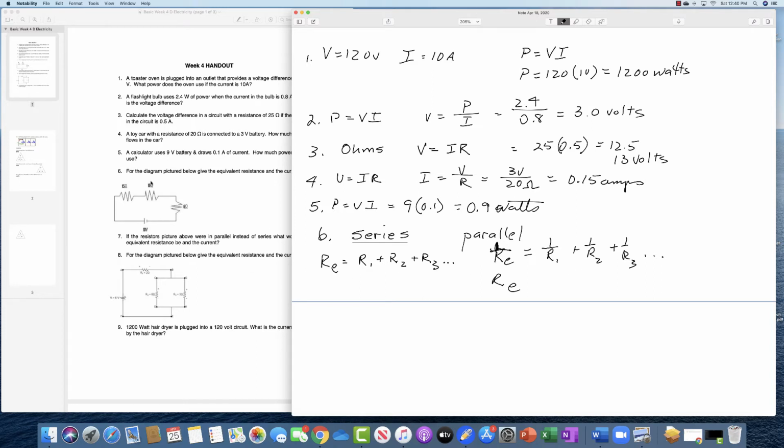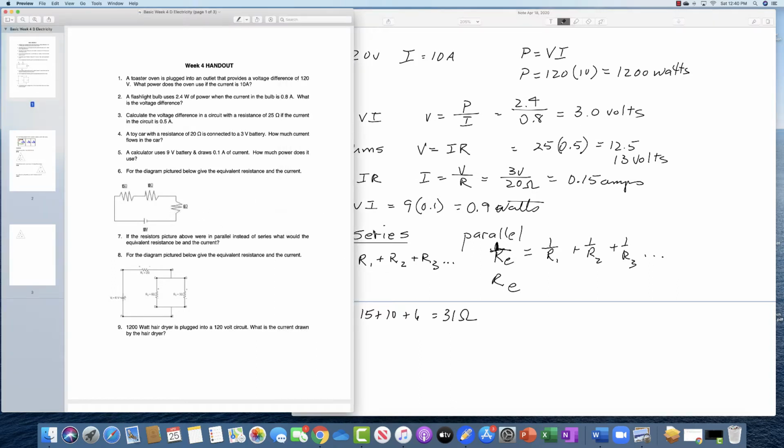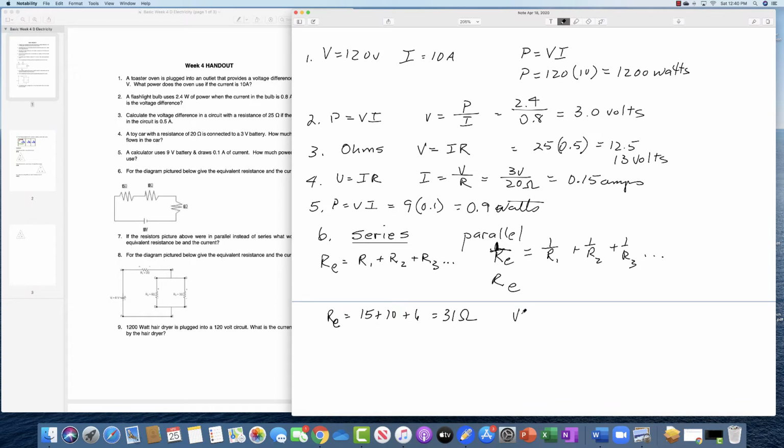So now let's go back to here. We have a 15 ohm resistor, a 10 ohm resistor, and a 6 ohm resistor. So the equivalent resistance is equal to 15 plus 10 plus 6, or 31 ohms. So that's the equivalent resistance in this series circuit. Then it says, what is the current? Well, you know that V is equal to IR in this situation, because the current is constant in a series.